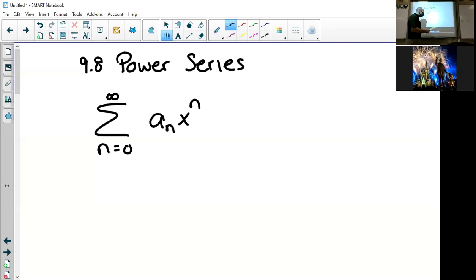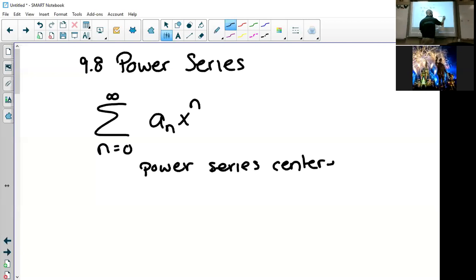Well, this would equal a function. This particular power series is a power series centered at 0. Just like a tangent line has a point where it touches the graph, where it's centered is where it's exactly the value of the function.